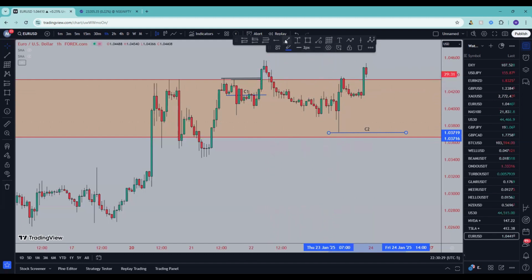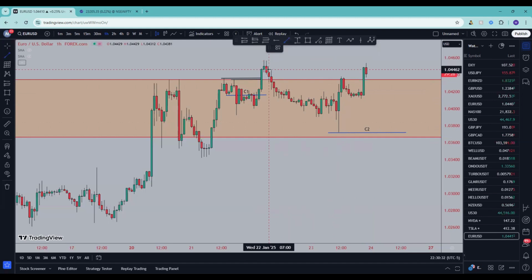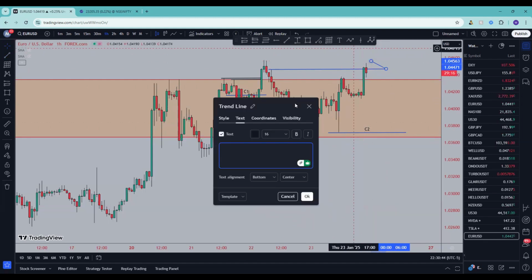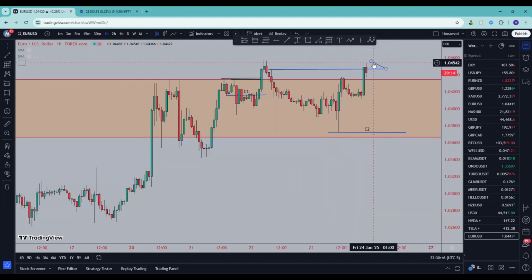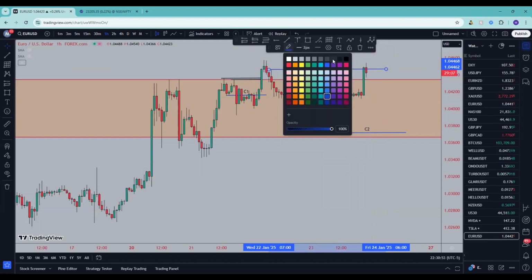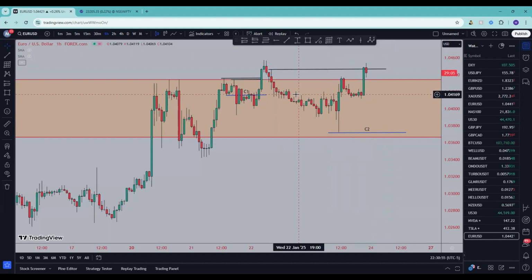Let me show you the one I'm talking about. It has swept this one off. It swept that liquidity off. It swept all this one, swept all this one, it has swept this one.